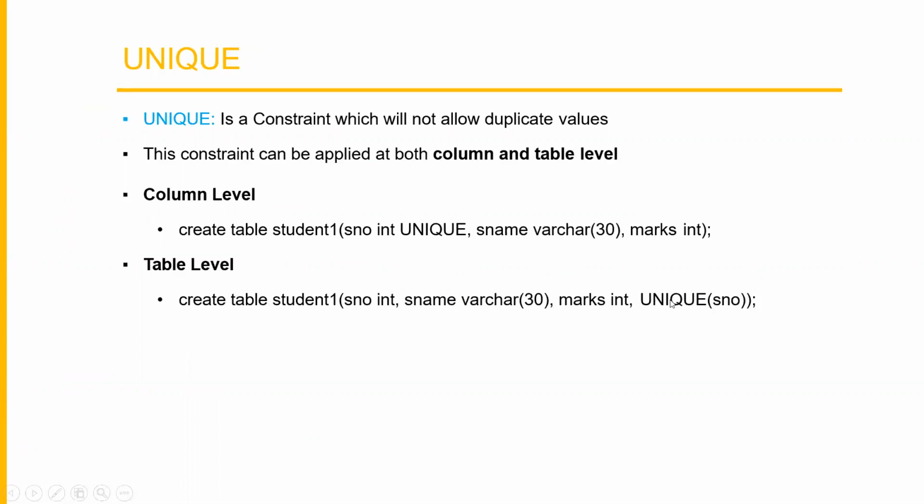So this is another way of defining the unique constraint on the table. This is at column level as we specified the unique constraint immediately after defining the column. And once we define all the columns, if we then specify the unique constraint, that is what we call a table level unique constraint.